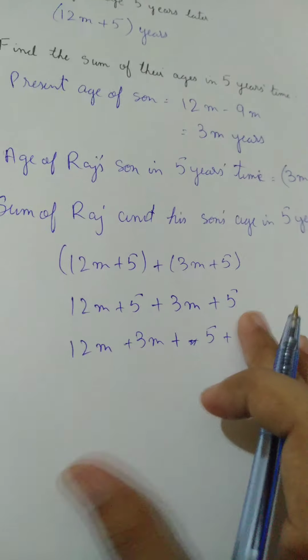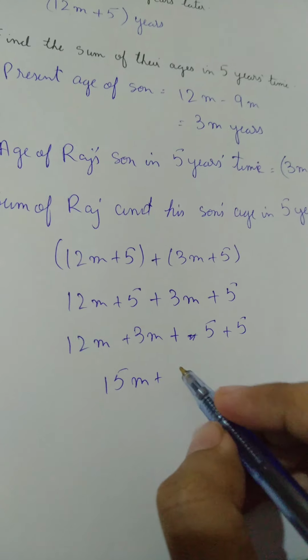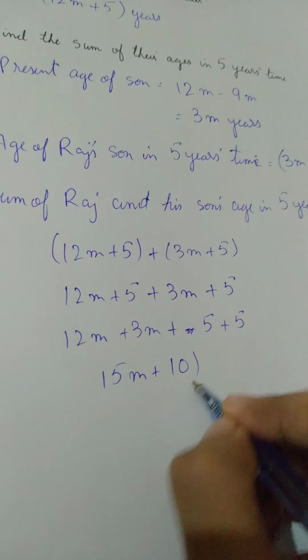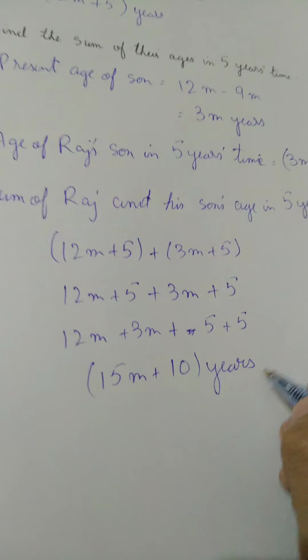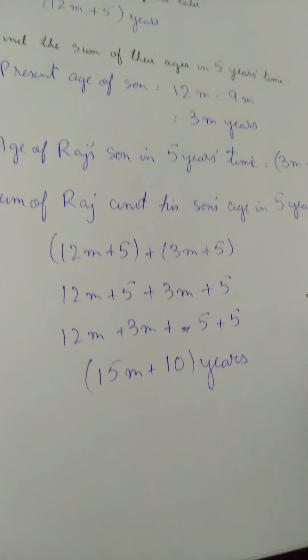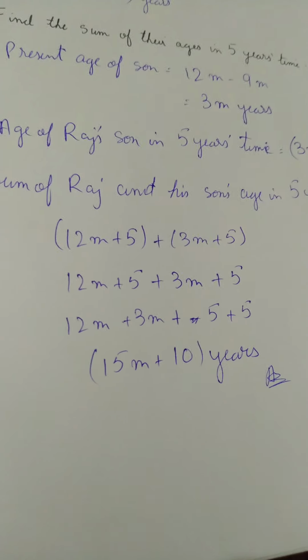So 12M plus 3M is 15M, plus 5 plus 5 is 10. This is the sum of their ages after 5 years time. So this is our answer here.